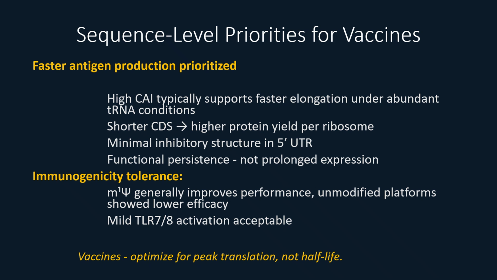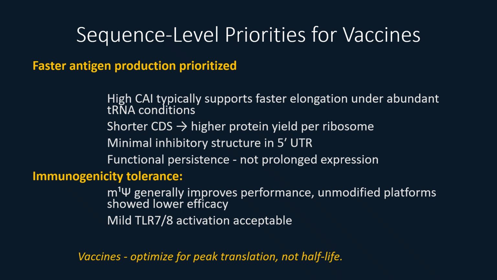A shorter coding sequence can even help because you get more protein per ribosome cycle. And here, stability is not the main concern. You want enough expression to prime immunity. And then immunogenicity constraints are also different here.